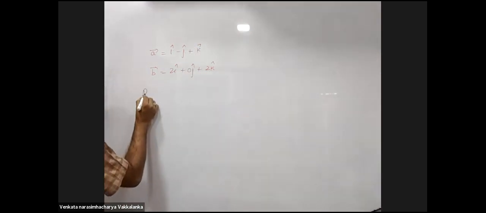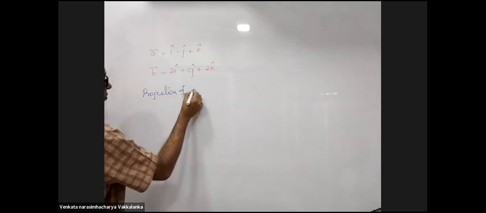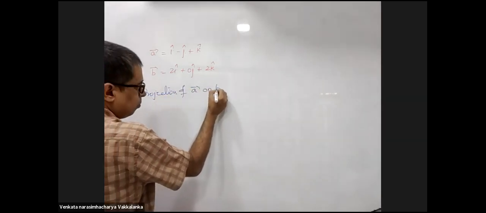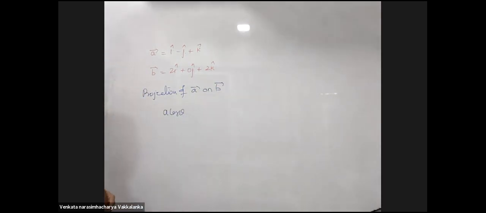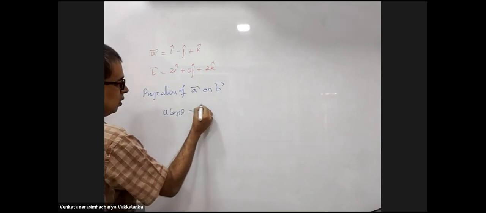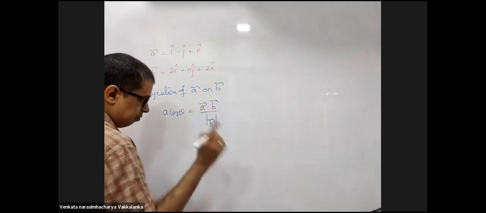Projection of A on B means my requirement is A cos theta. This will be A dot B by the magnitude of B.